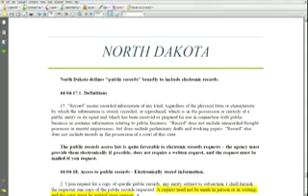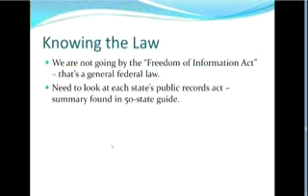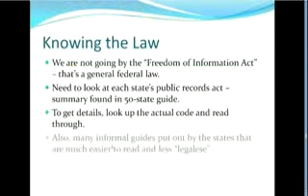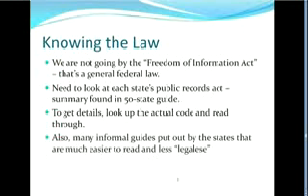Another good thing, there are a lot of informal guides out there that are just written in plain English, and they cut out all the legalese that you might be dreading when you read these. Let me show you one I called up here.